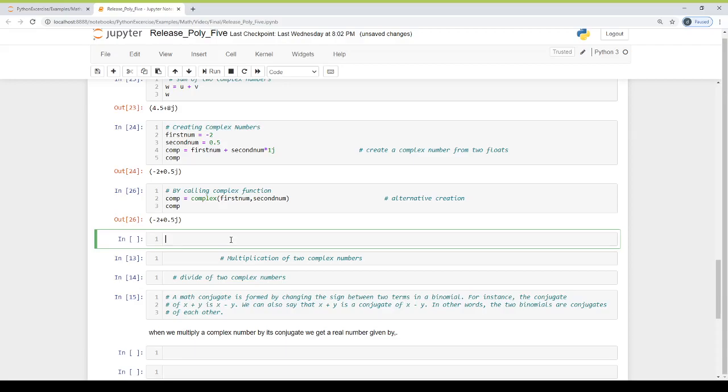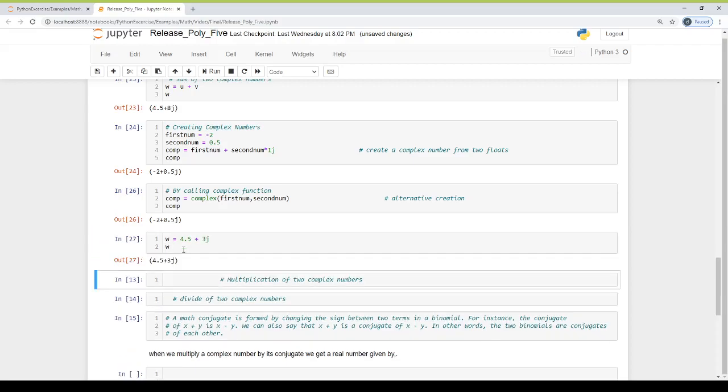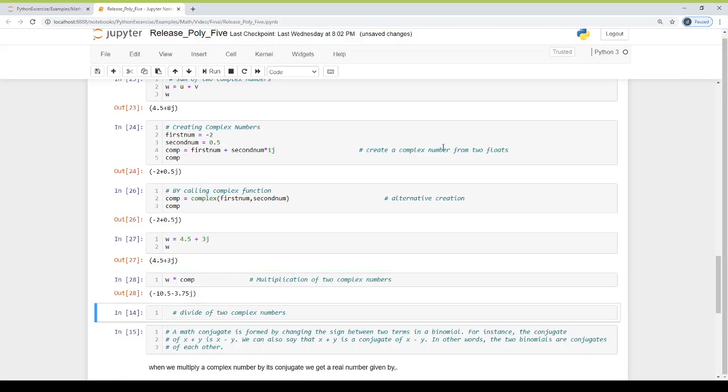Next thing is multiplication of two complex numbers. For that we create a complex number w is equal to 4.5 plus 3j, w, shift enter, and then multiply it with comp, that is minus 2 plus 0.5j, w into comp, shift enter, that is minus 10.5 minus 3.75.